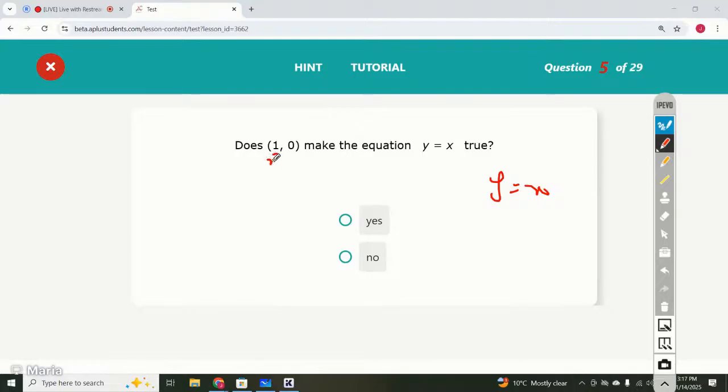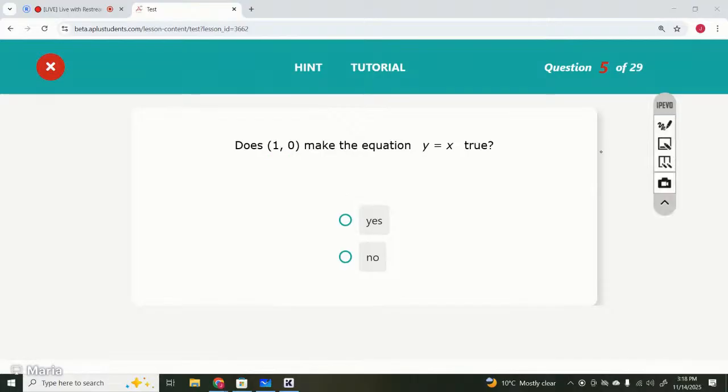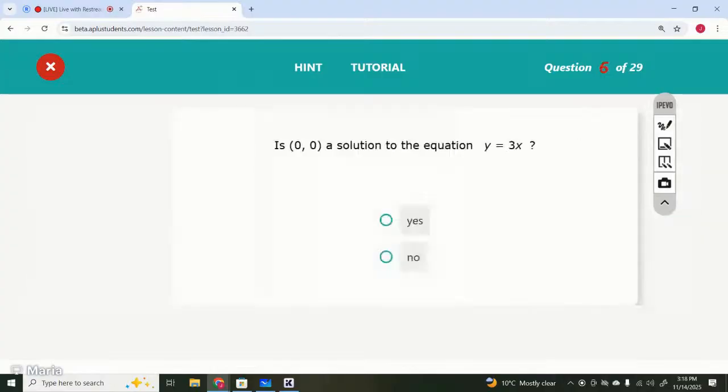X is 1 and y is 0. 0 is not equal to 1. The correct option is no.